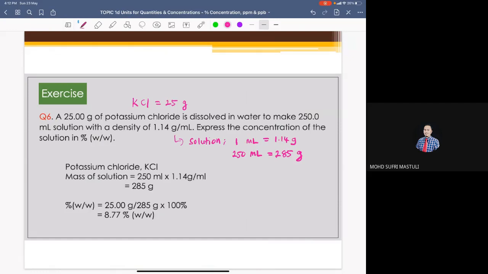If you are asked to express the concentration in terms of weight per weight, the mass of the solute is 25 gram over the mass of solution, 285 gram.